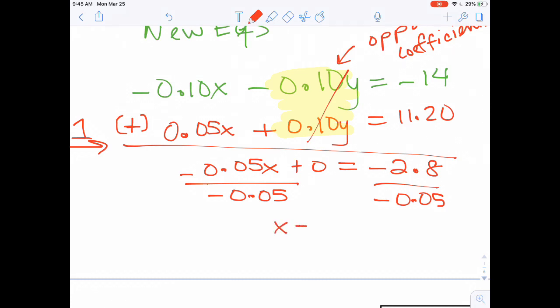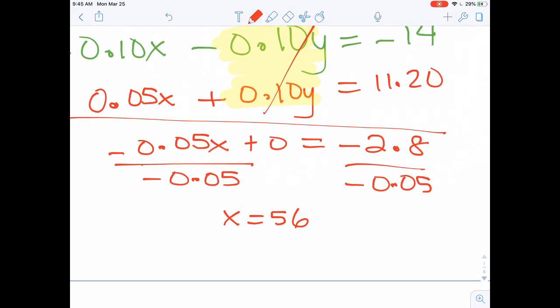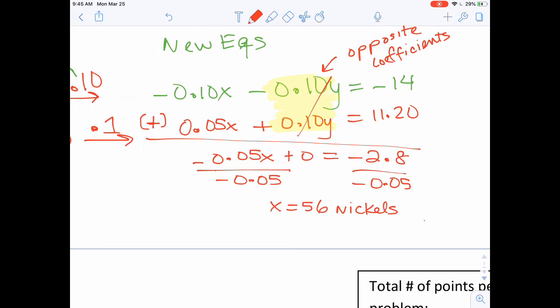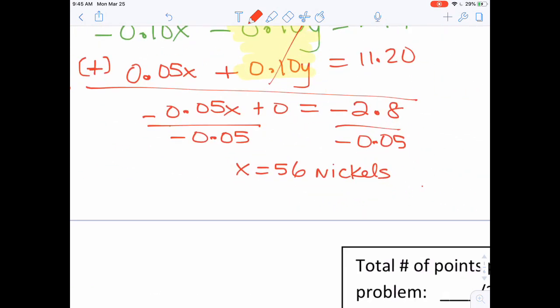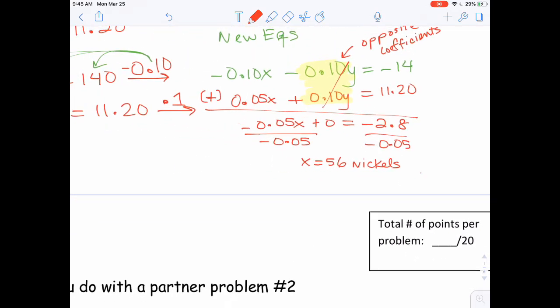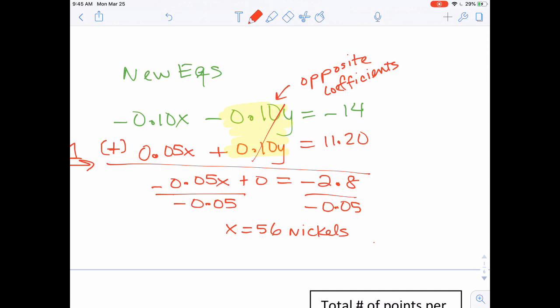So x equals 56. Be careful with these negatives because it doesn't make sense to have negative, in this case, dimes. So these are nickels. 56 nickels. And now we need to figure out how many dimes. Well, we go back to the original equation, the easiest one, x plus y equals 140.